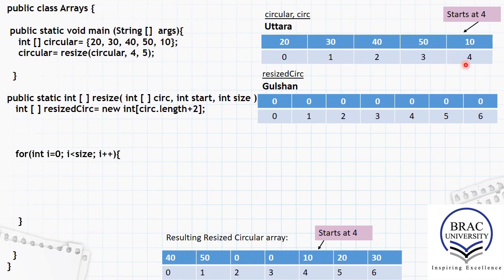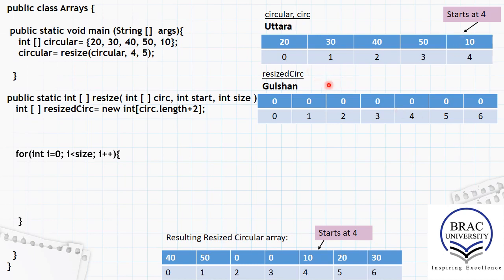For this circular array, when the index is incremented by 1, I should mod it by this length, because when it becomes 5, it should be wrapped around to 0. However, for this array, if it starts at 4 and I increase it to 5, should I mod it? I shouldn't, right? Because I should mod it when it becomes 7. So since I have 2 different circular arrays of 2 different lengths, I should maintain 2 different index variables.